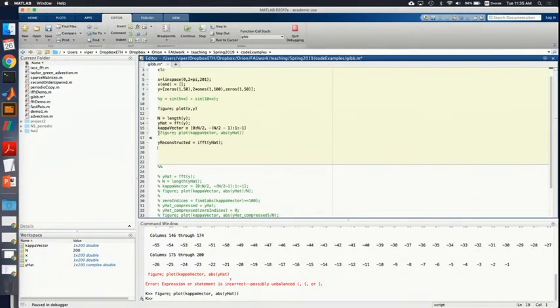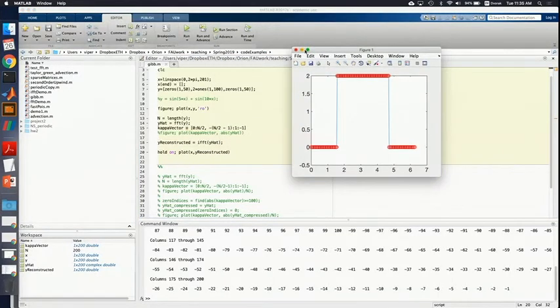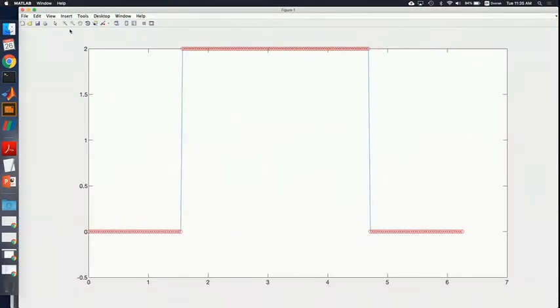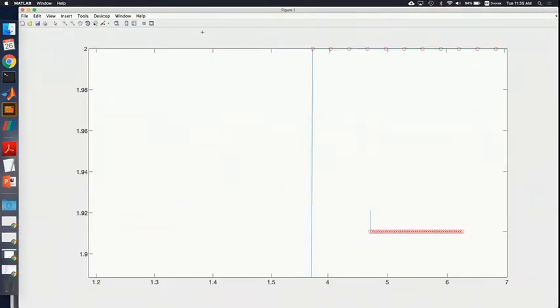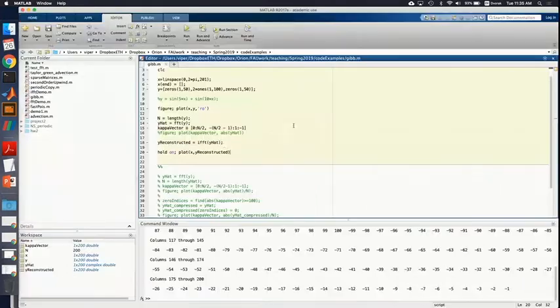The exact answer is in red circles, and the reconstructed answer is in whatever color it comes out to. We plot that and we get an exact reconstruction. We zoom in and everything is perfectly flat. But let's see, if I remove one wave number, let's see.